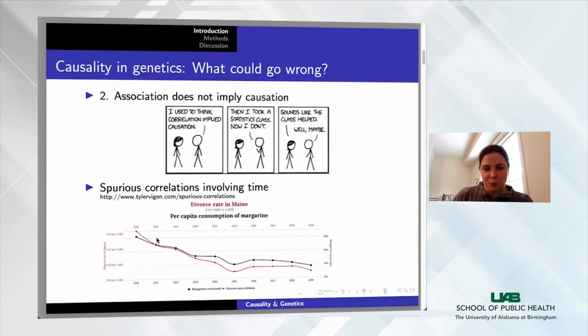So this one, the black line is the consumption of margarine, and the red line is the divorce rate in Maine. And if you look at the plot alone, they're very correlated, very strong correlation. And then, of course, you don't want to walk away with the wrong message that for some reason there's a causal trend here. Who knows?